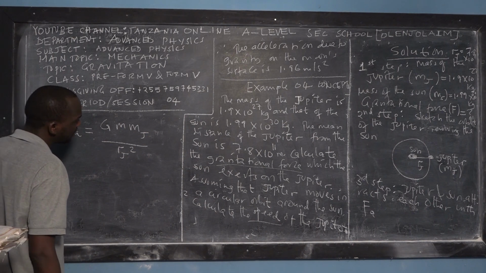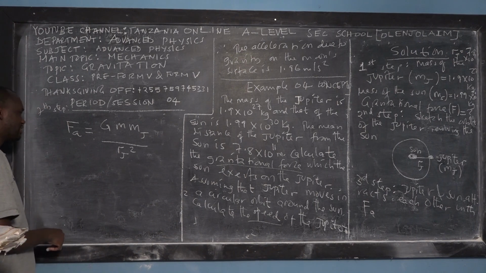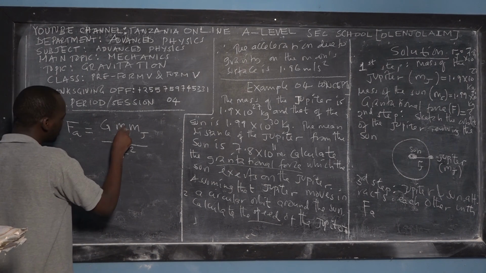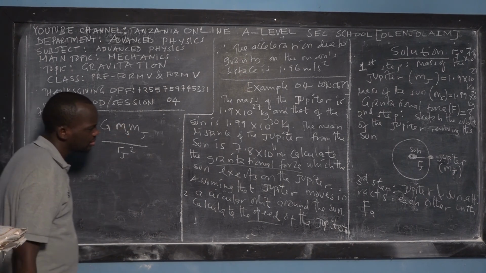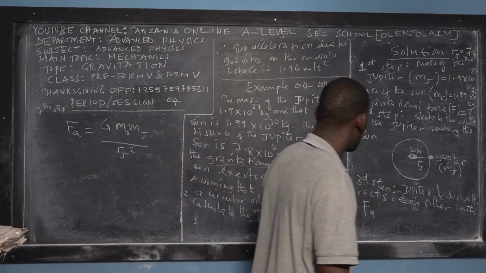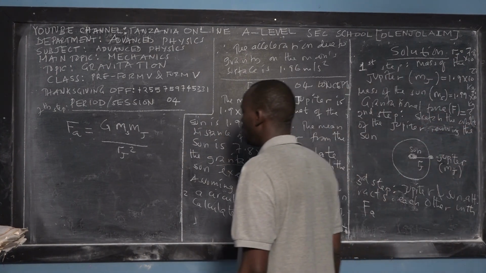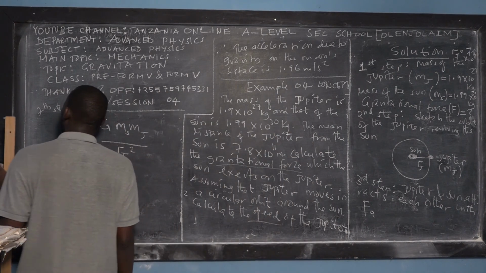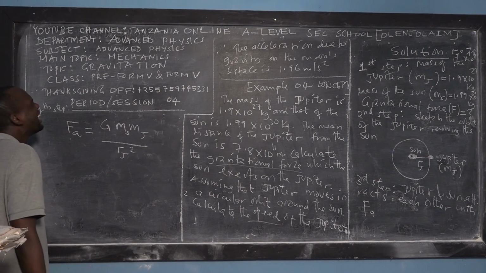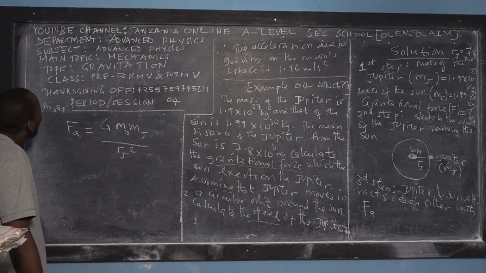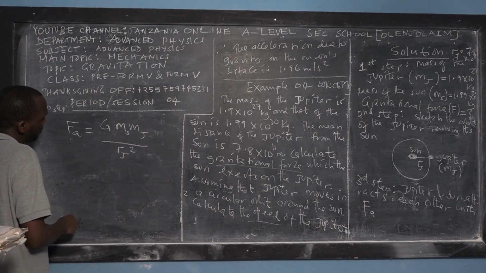So if this is the case, the force of attraction between the Sun, because this is a mass also, the mass of the Sun, MS, yes, it is there. You have been given some constants, but others cannot be given, so from there you have to answer with the concept that you know.